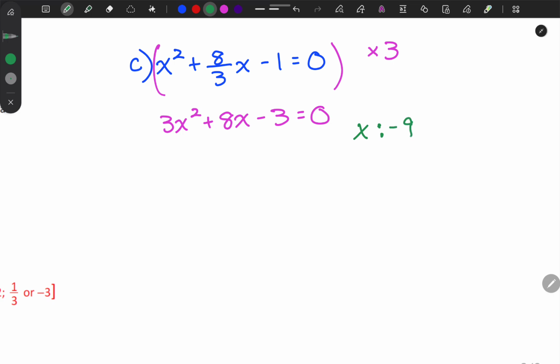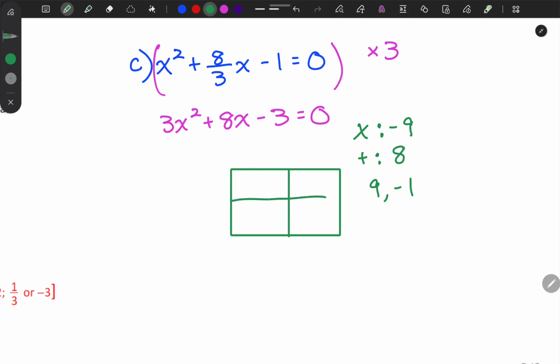Two numbers that multiply to negative 9, but add to positive 8. So that sounds like positive 9 and negative 1. Setting up our box. We have 3x squared, minus 3, and then we have plus 9x and minus 1x.